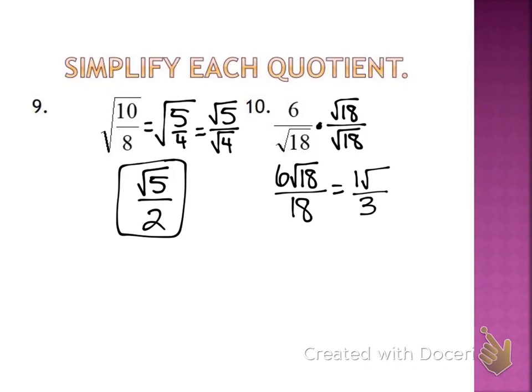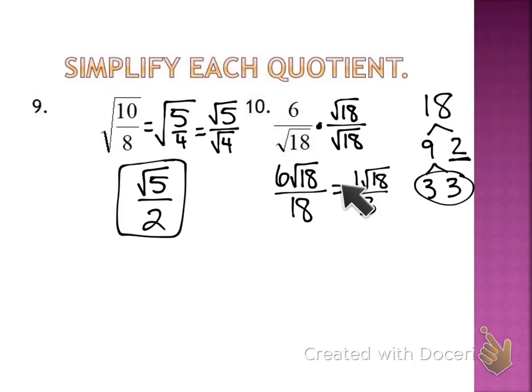What's still under the radical? 18. But are we done? No. The square root of 18, all on its own, simplifies. What does 18 break into? 9 and 2. 9 breaks into 3 and 3. What do we have a pair of? What's alone?